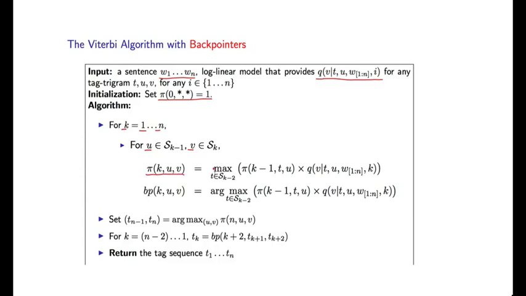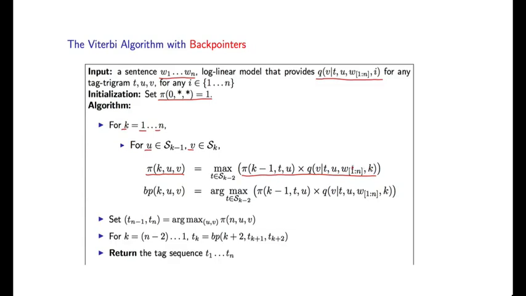We do that by searching for the tag t at position k minus 2 that maximizes the product of these two terms. So I have pi_{k-1}(t,u), and then I have this q term reflecting the conditional probability of the tag v in this particular context, under this particular history.